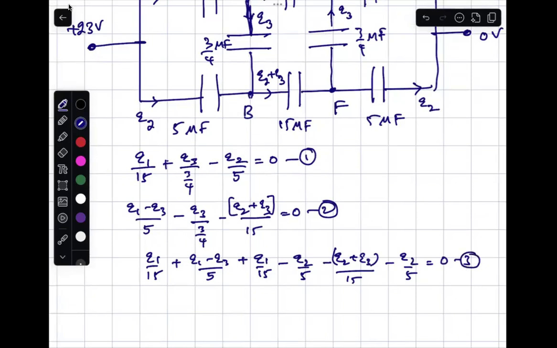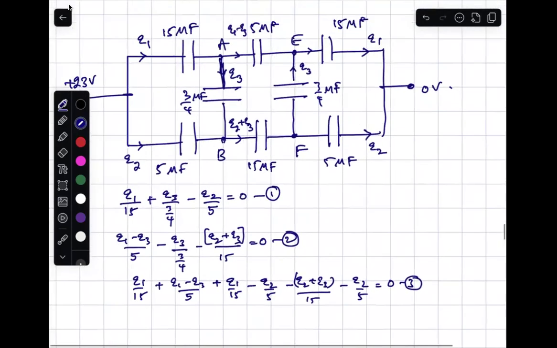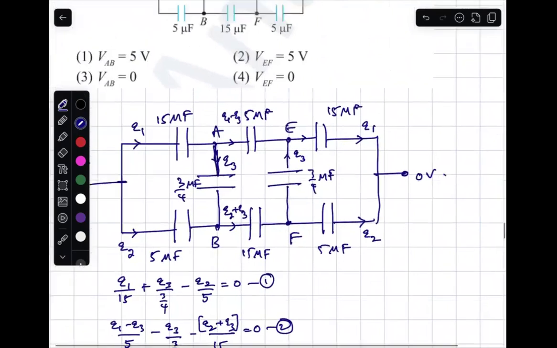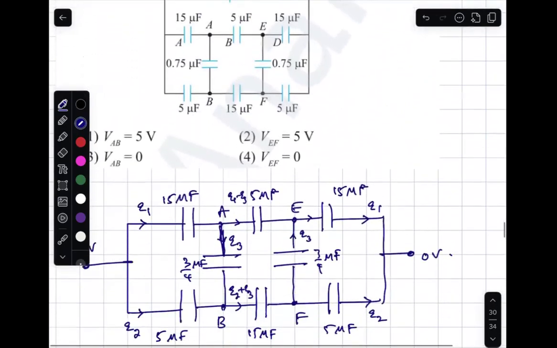Equation 3. Now you solve these three, you will get the proper answer. Any doubts? The only thing you need to worry about is that the calculation part is very crucial here. You will get answers as 1 and 2.